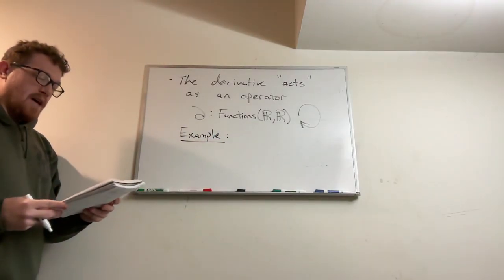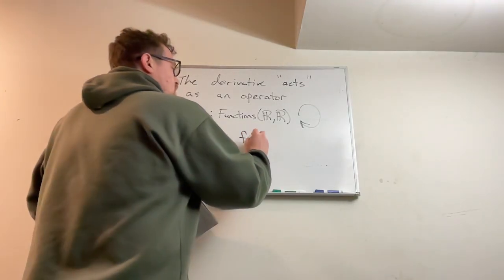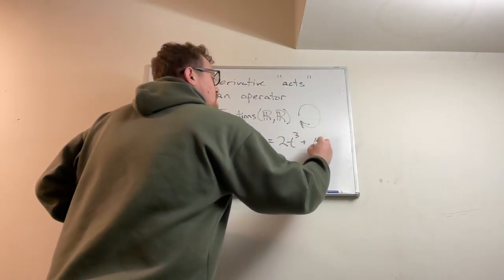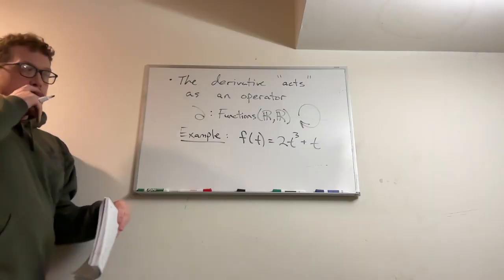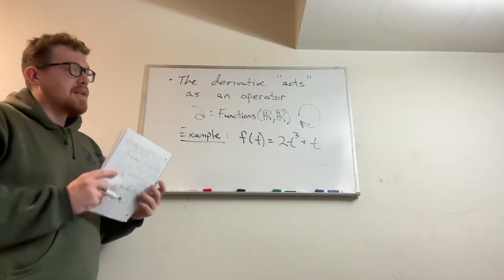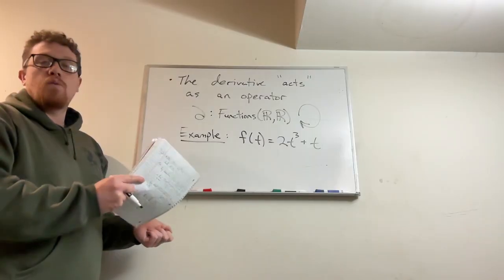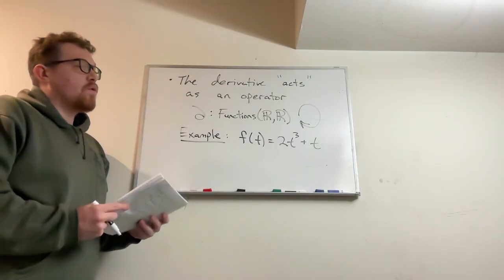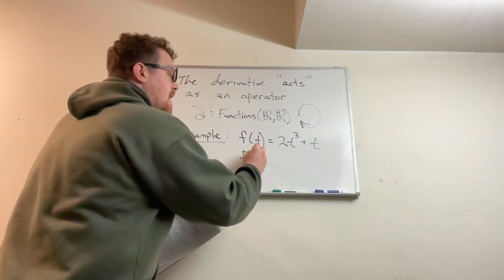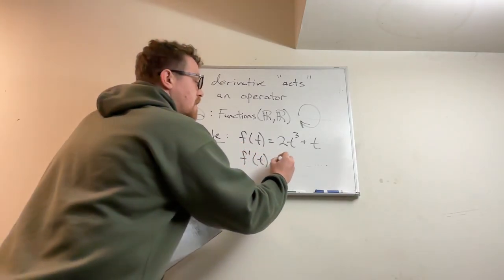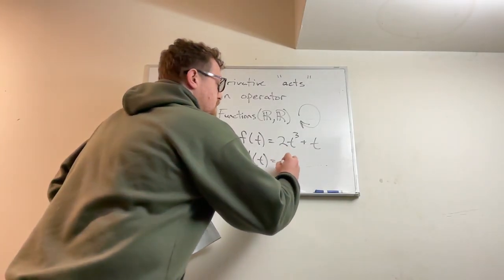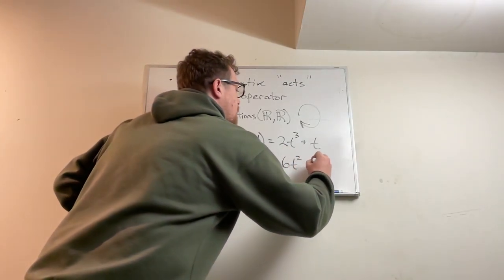That one said the original function was f of t, and it was 2t cubed plus t. And we said when we took the derivative at an arbitrary point a, we got 6a squared plus 1. So if we plug in t for that, we can say the derivative function at t is itself a function, and it's the function 6t squared plus 1.